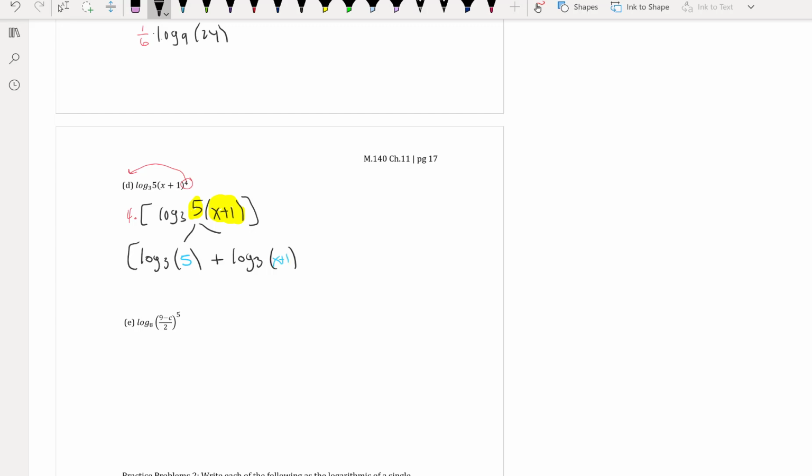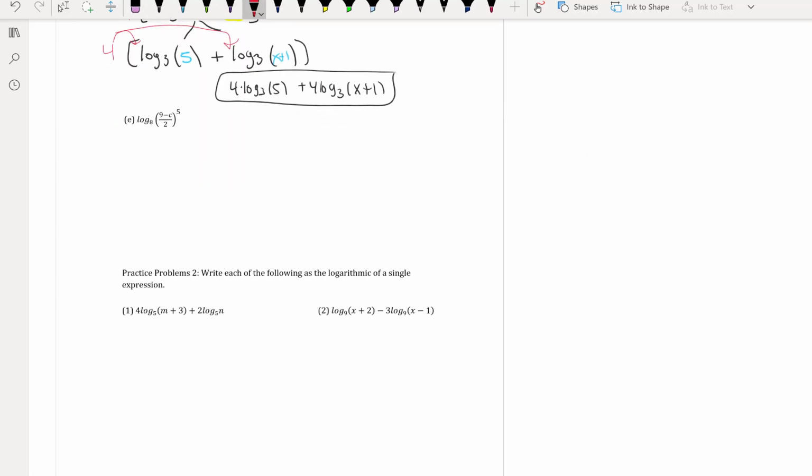And I can't forget that I have the 4 out in front. This 4 gets multiplied to both of those things. So I'm going to have 4 times log base 3 of 5 plus 4 times log base 3 of x plus 1. All of that is my final answer.